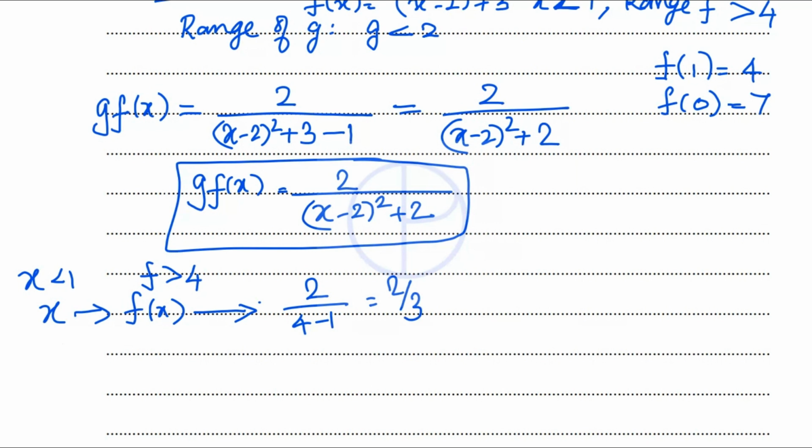Okay. So here f is greater than 4. We have taken 4 as the minimum value. Suppose f is infinity, then what will be the g value? 2 divided by infinity minus 1. 2 divided by infinity will be 0. Okay.